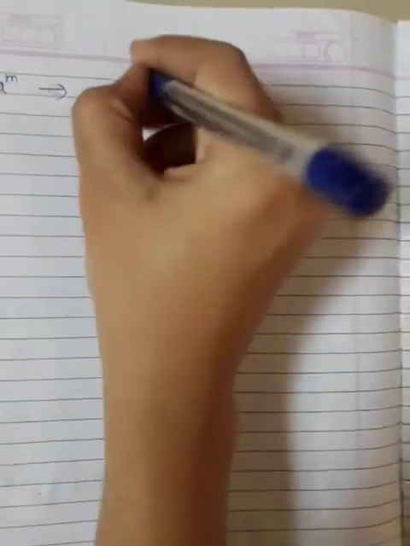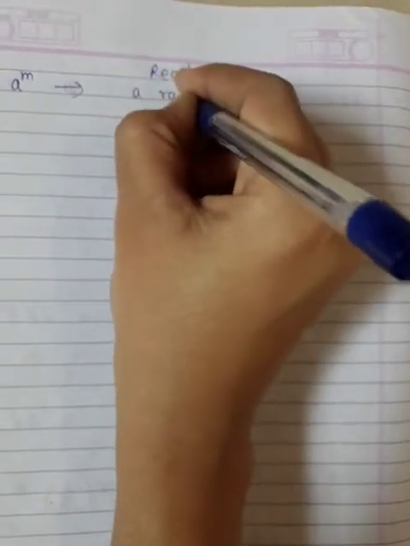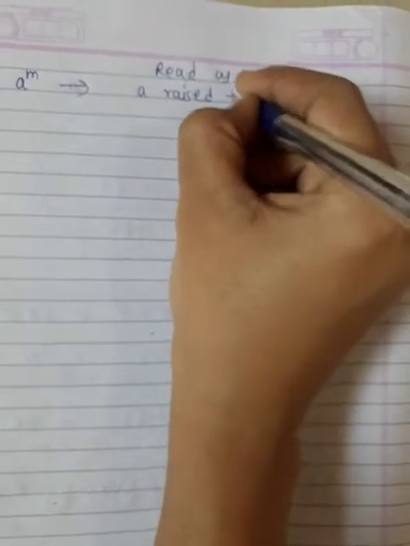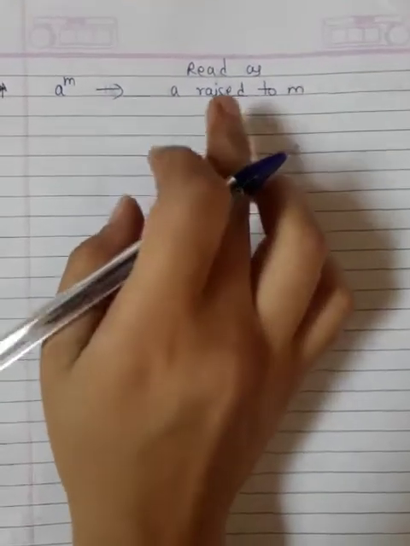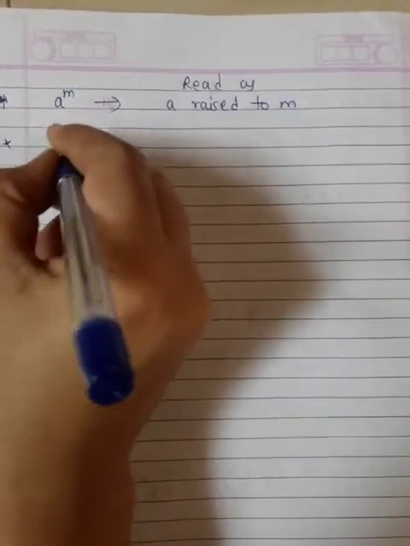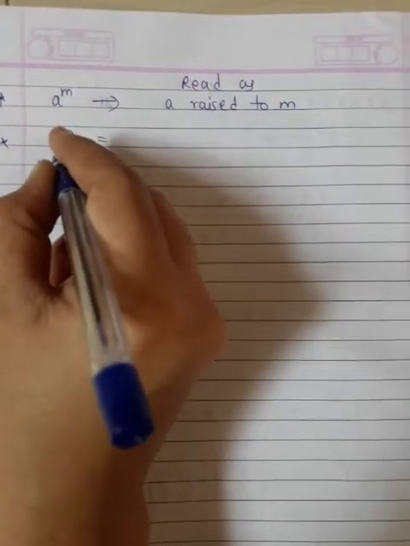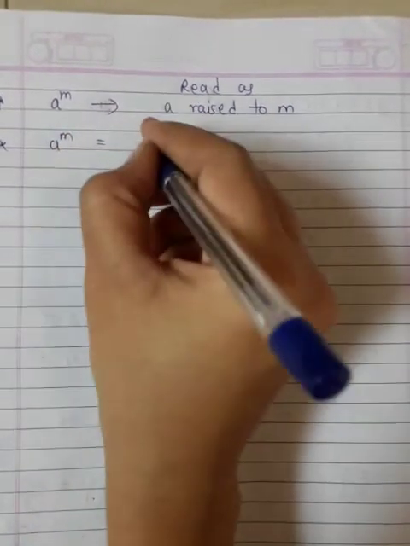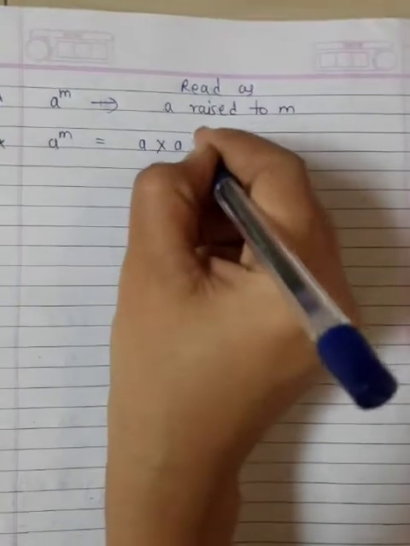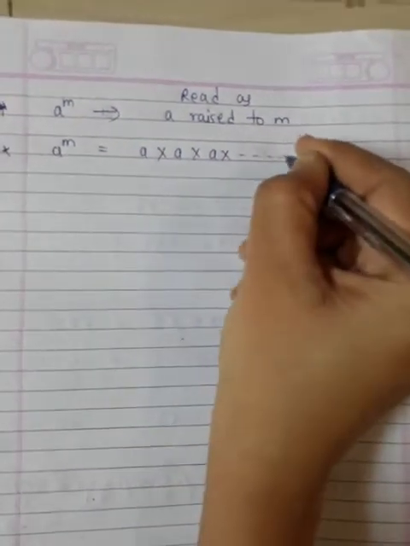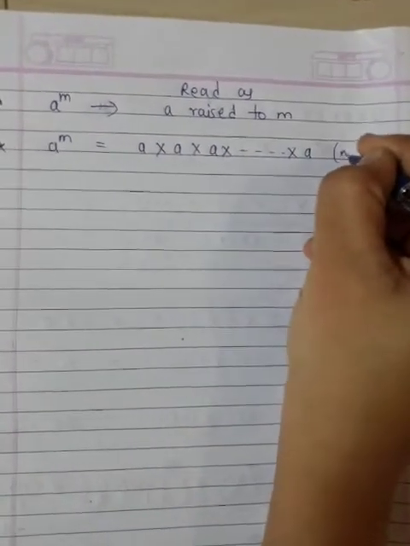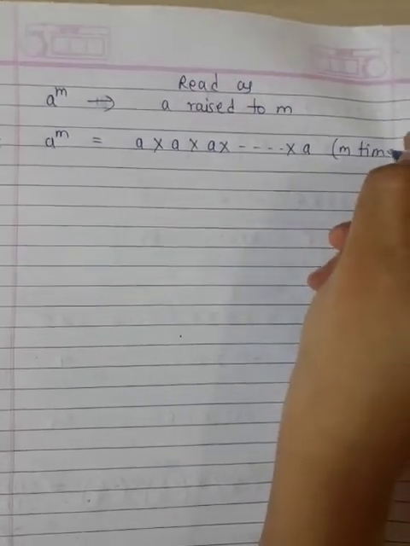If we have a number a raised to m, read it as a raised to m, remember that. a raised to m means multiply a how many times? m times.